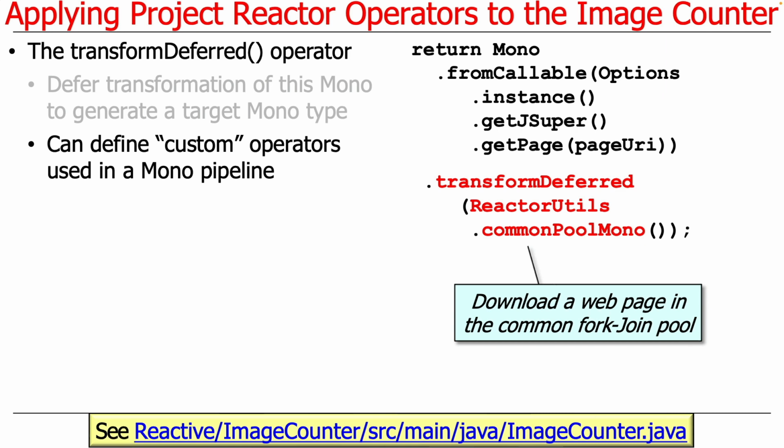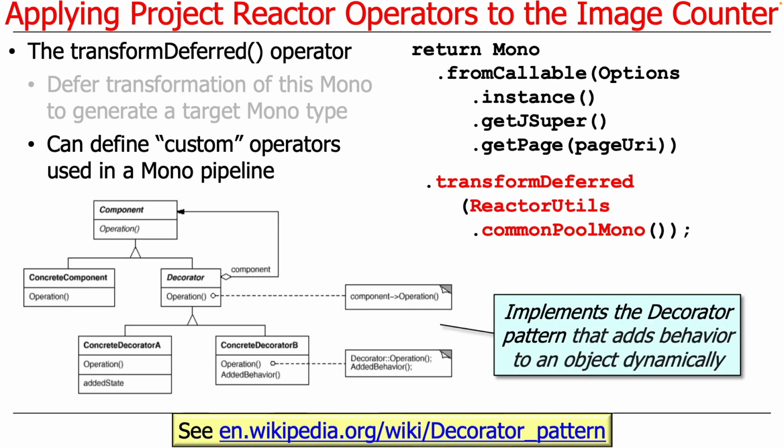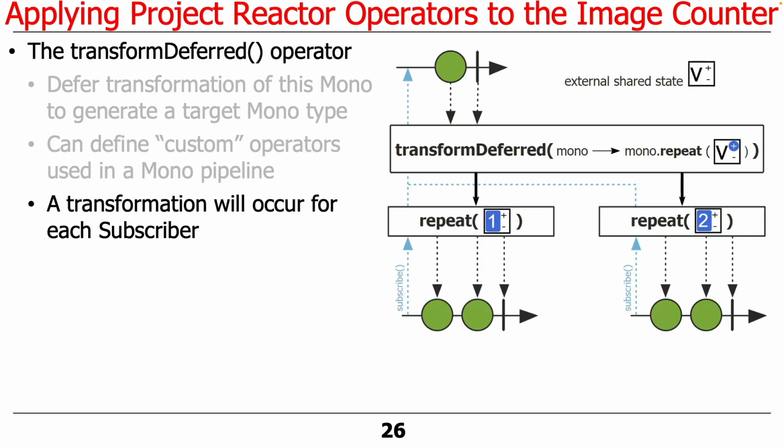And transformDeferred is almost like saying, here's a way to add new operators into this pipeline. There's a whole pile of operators that already exist, but if there's not one that does what you want, you have a way of customizing its behavior. So this is essentially implementing the good old decorator pattern from the Gang of Four book, and we're using that to decorate things so that they flow through the pipeline in a more intuitive way.